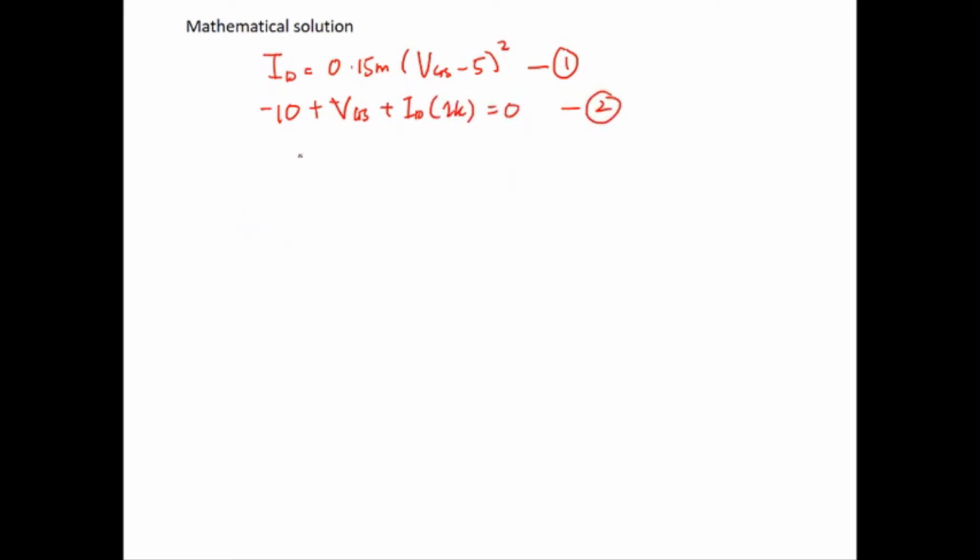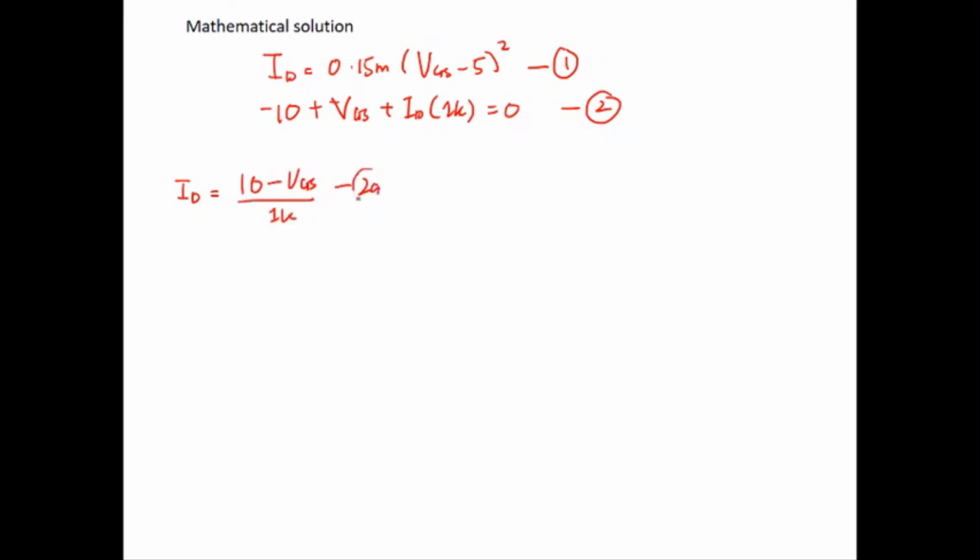So you solve these equations. I recommend you combine the first and the second equation, and then at the end you will have an equation as a function of VGS. From the second equation you can express ID: ID is (10 minus VGS) over 1K.